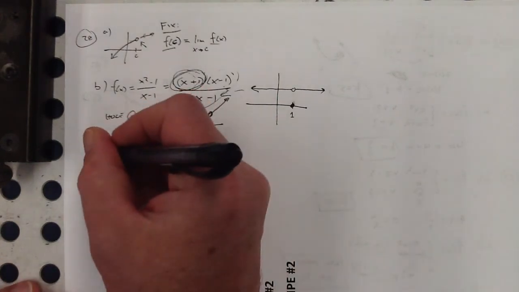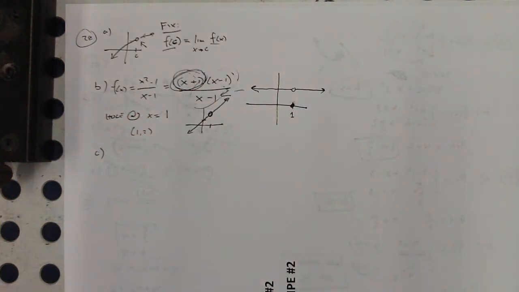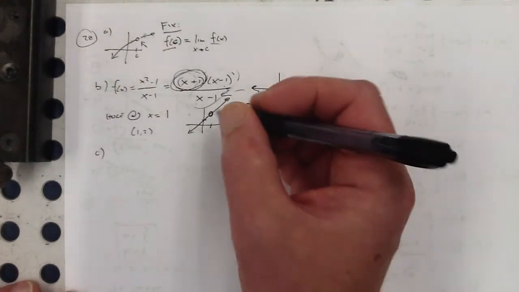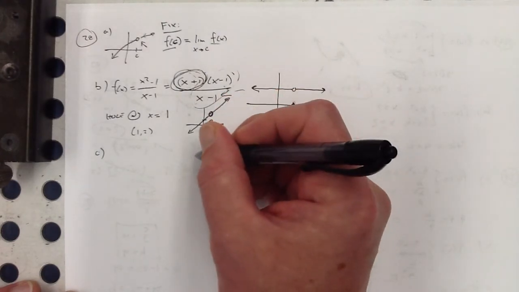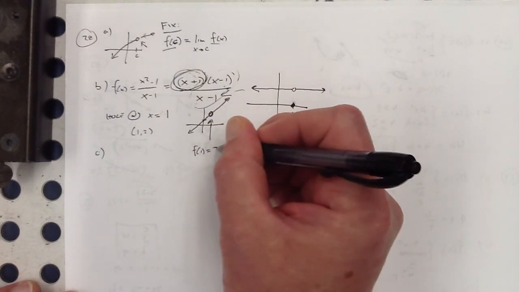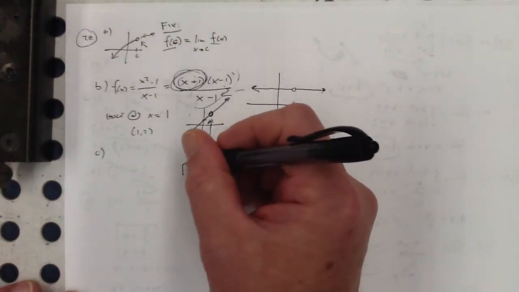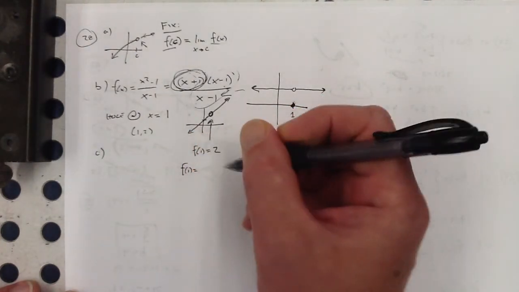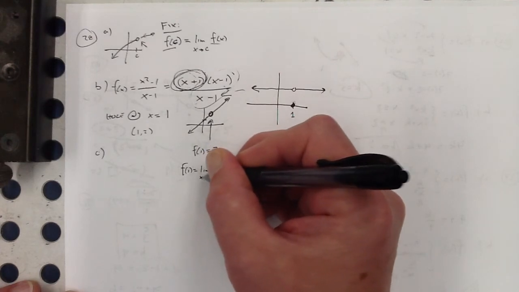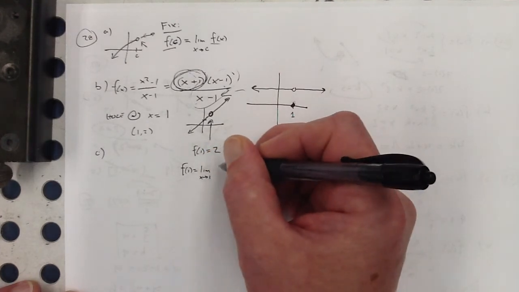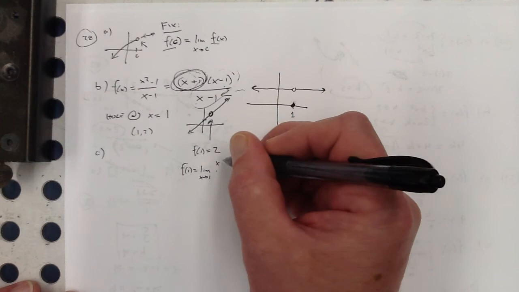So c, what values should be assigned to f of 1 and g of 1 to remove the discontinuities? So for this one, you would want f of 1 to be equal to 2. Right? And notice f of 1 would have to be equal to the limit as x approaches 1 of your function.